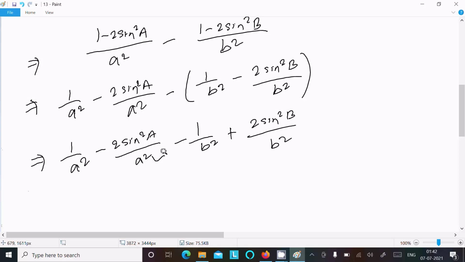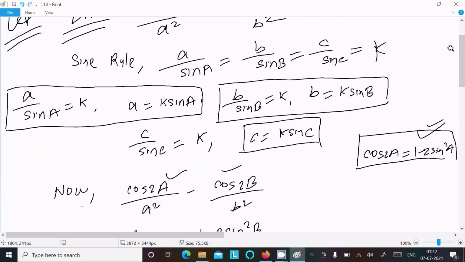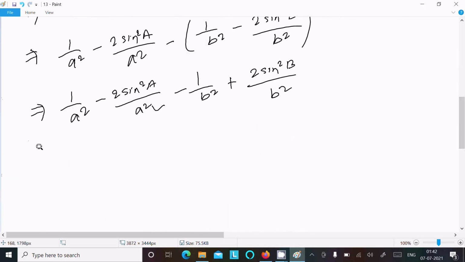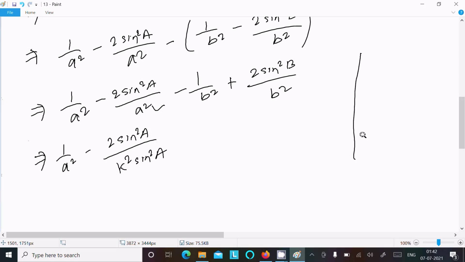After that, in place of A we write K sine A, so A square equals K square sine square A, in the bracket.